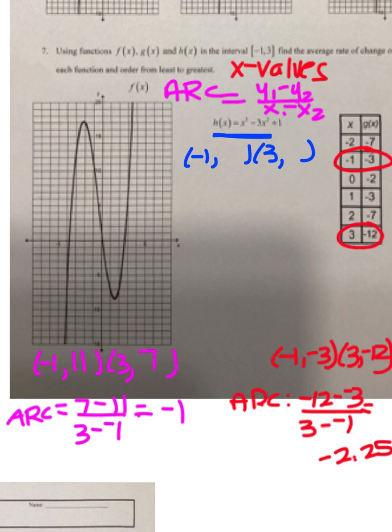When x is negative 1, the y value is negative 3, and when x is 3, the y value is 1. So your average rate of change is going to be 1 minus negative 3 over 3 minus negative 1. Plug that into your calculator, and we actually get 1.